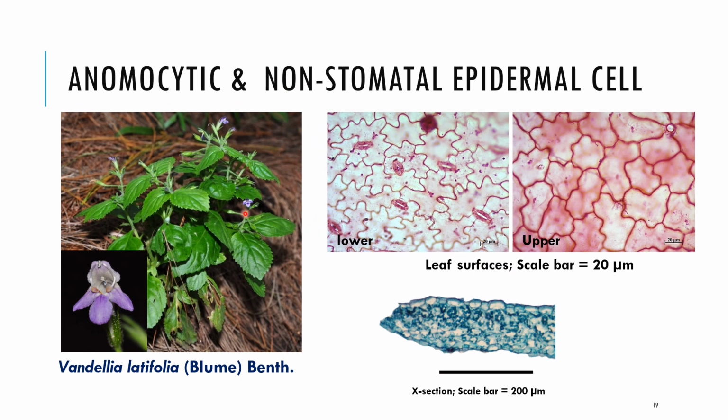Or in some plants, like Vandellia latifolia, I show you here, you can see the leaf surfaces have stomata at the lower epidermis, and the upper epidermis doesn't have stomata. And for the transverse section, this species has a single layer of epidermal cells.